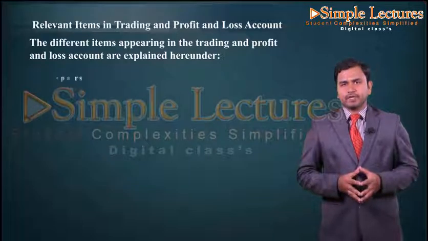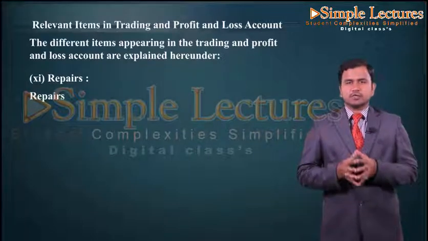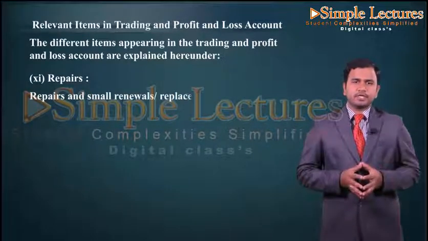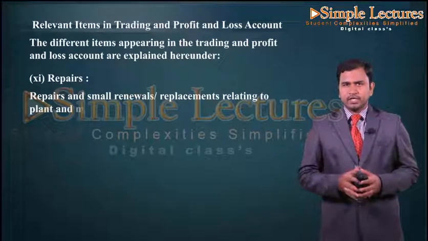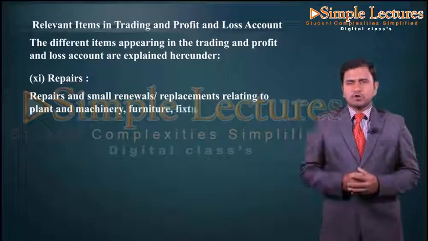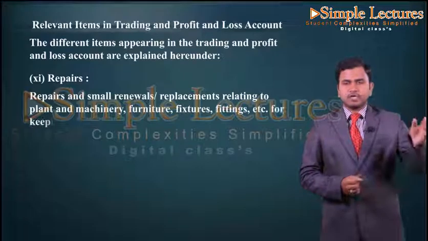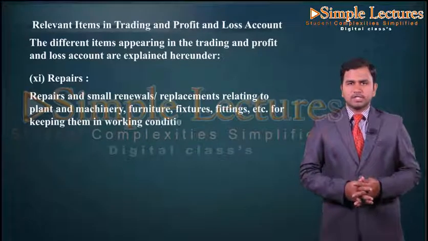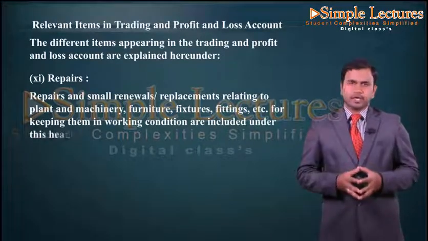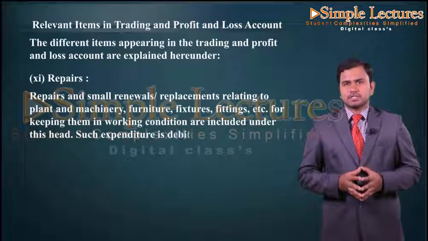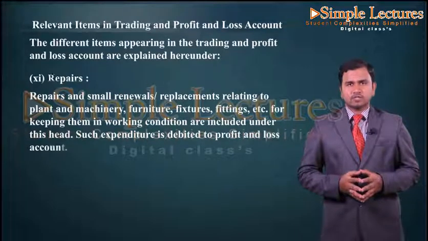Then we have repairs. Repairs and small renewals or replacements relating to plant and machinery, furniture, fixtures or fittings, etc. for keeping them in working condition are included under this head. Such expenditure is debited to the profit and loss account.